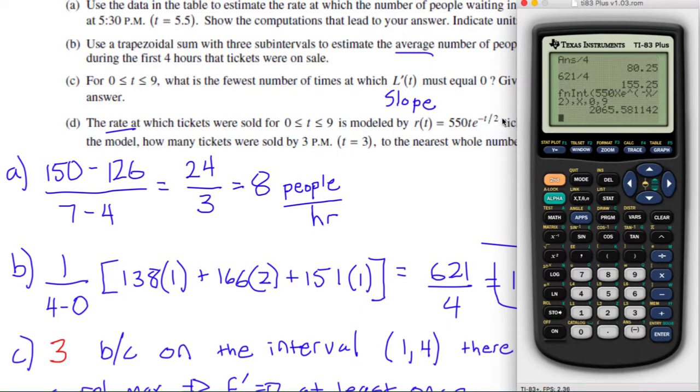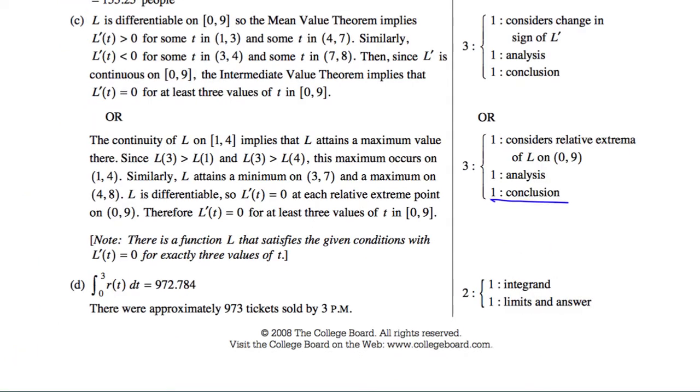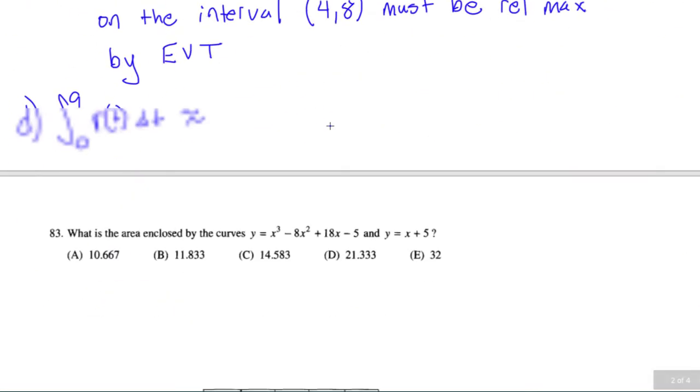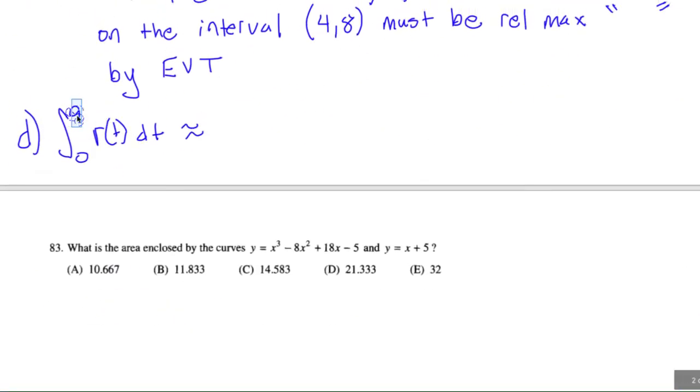Ooh, what happened? Is that the right answer? 2065? No. Oh, I see what's going on. Based on this model, how many tickets were sold by 3 p.m.? So you did it from 0 to 9. It should be from 0 to 3, so that's my bad. Let's actually read the problem and say, yes, it is from 0 to 3. While that function does work on 0 to 9, I'm only looking for 0 to 3.